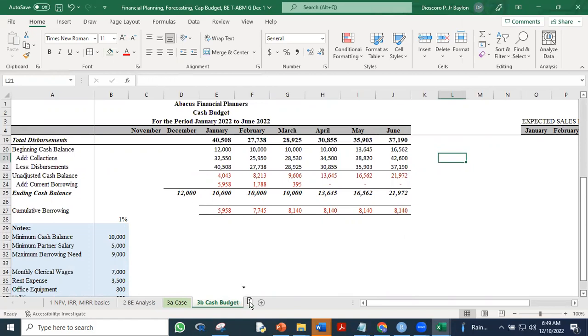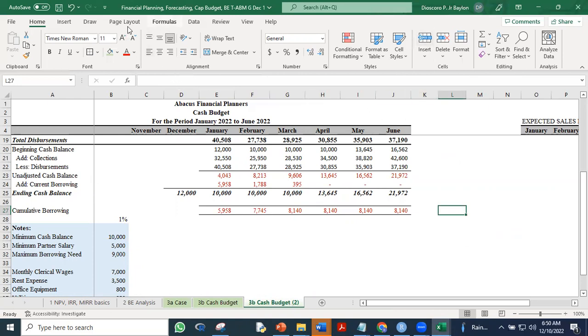So let's copy this, Control, and then drag to the right, so that we preserve this one. So for this one, that's the modified one, the one that we're going to use.